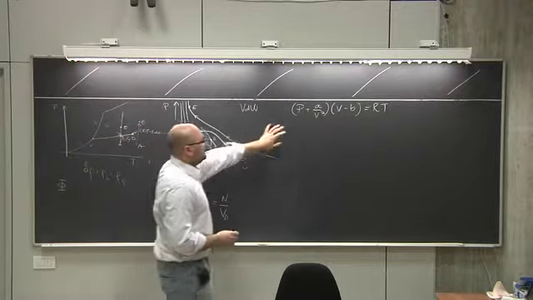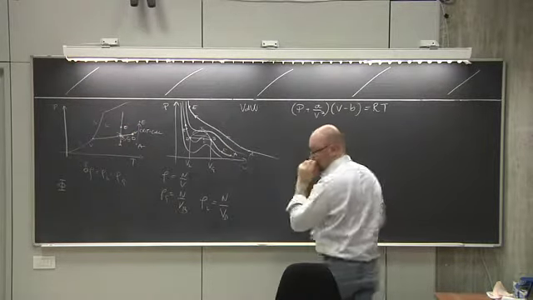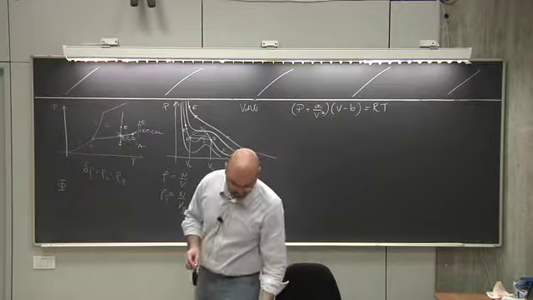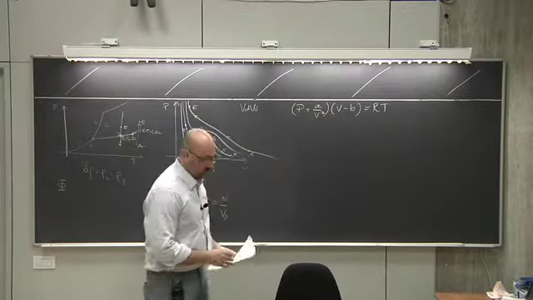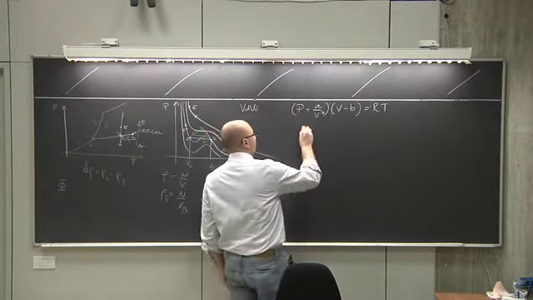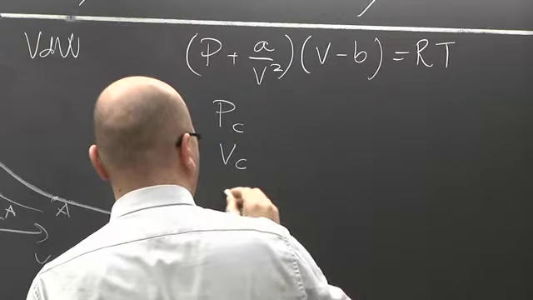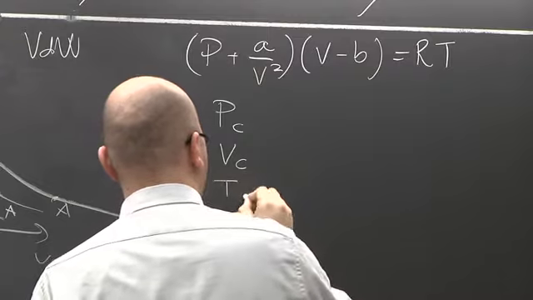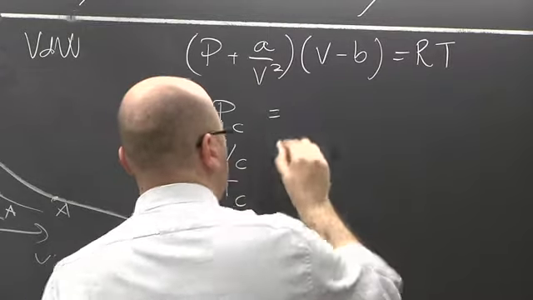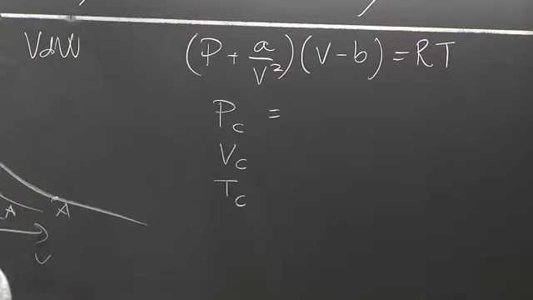Okay, so let's look at the van der Waals equation. The van der Waals equation has critical pressure, critical volume, and critical temperature. Can you remind me what this is?